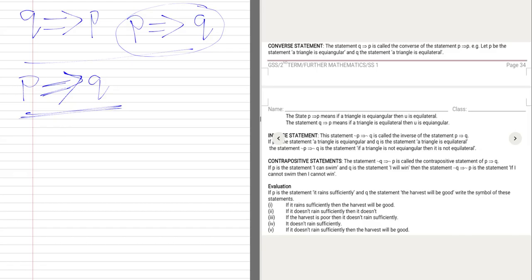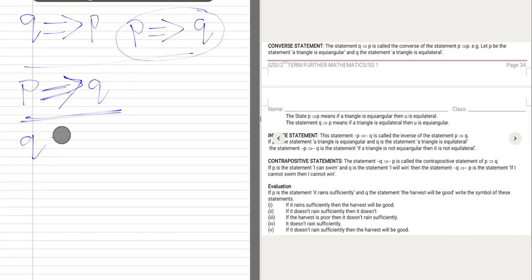Then the statement Q to P. What will Q to P mean? If a triangle is equilateral, then it is equiangular. Do you get the idea now? That is what this statement is saying.